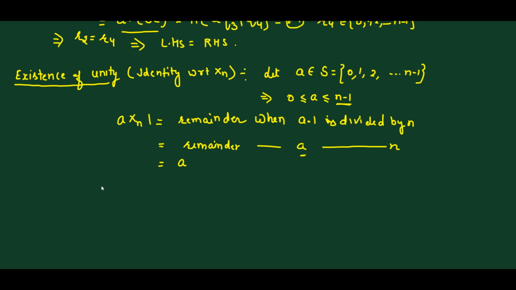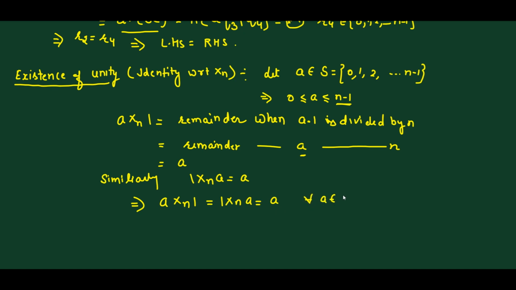Similarly, in the other case you will get the same result. So it means if you combine 1 with any element of S, then you will get the same element back.